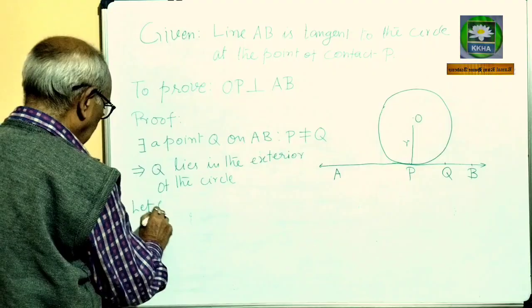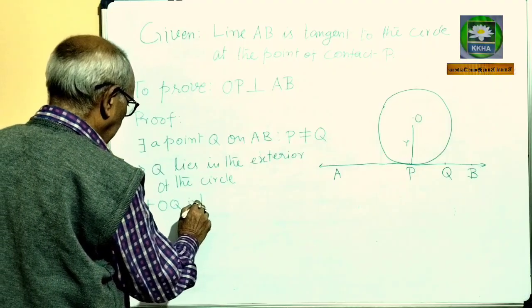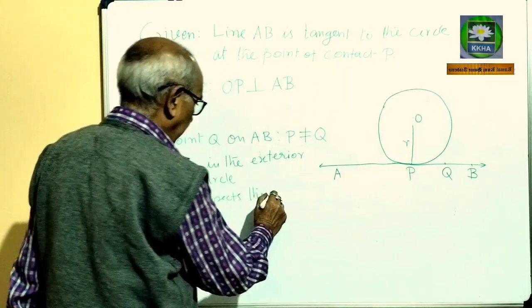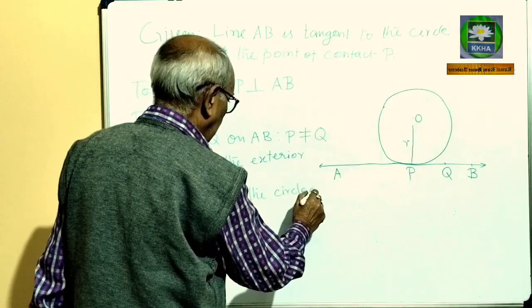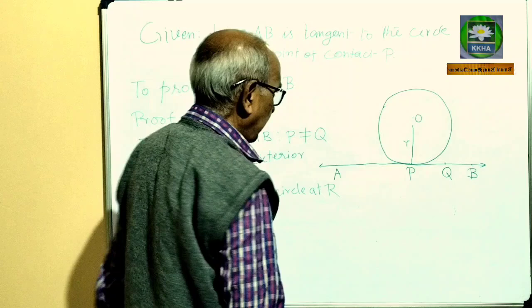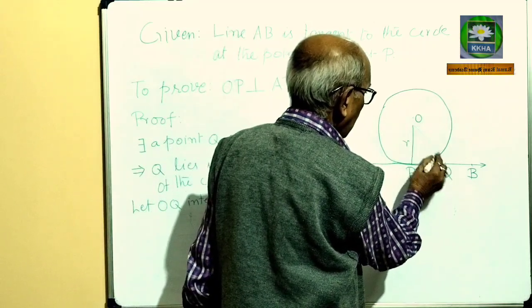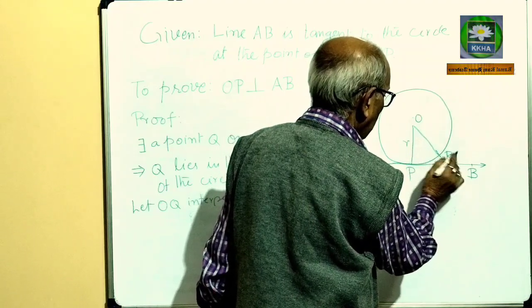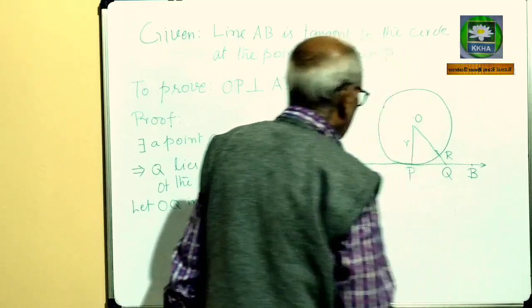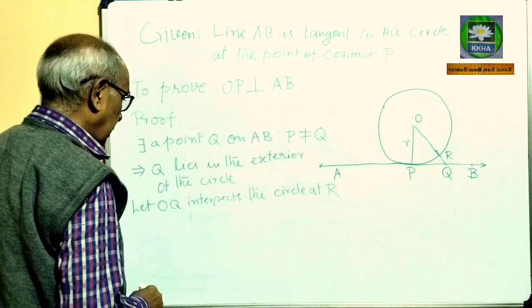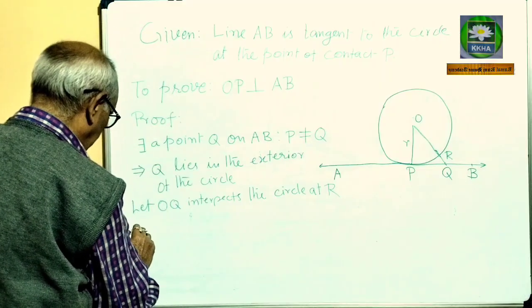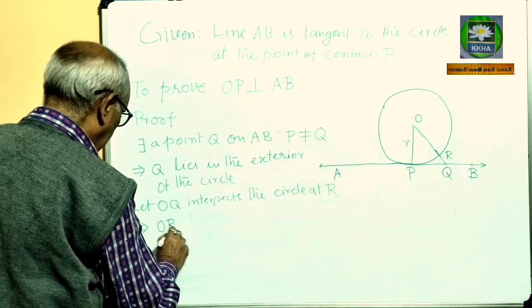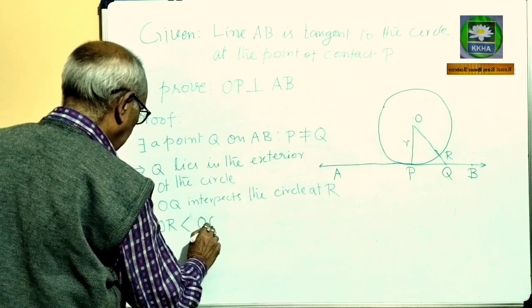Let us suppose that OQ intersects the circle at R. This implies that OR is less than OQ.